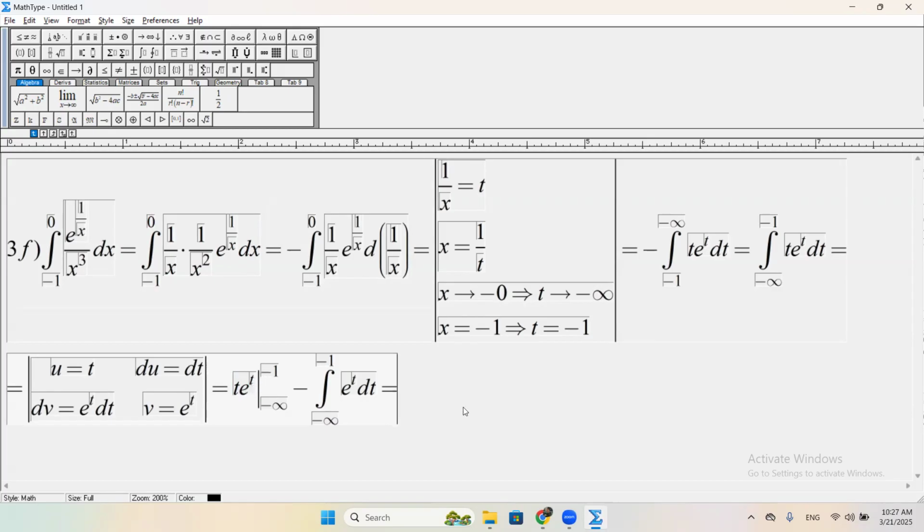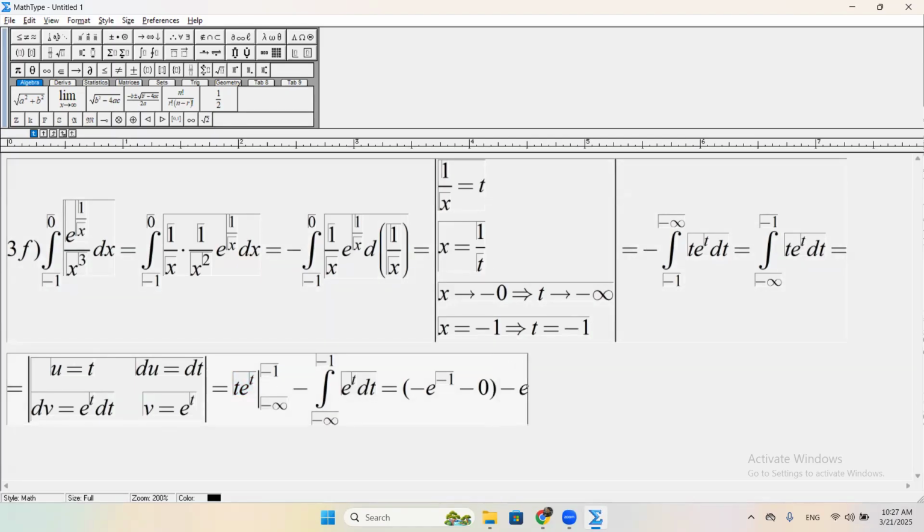So here, what do we have? Minus 1 times e in power of minus 1, and minus 0, because of e in power of minus infinity. If we calculate the limit when t approaches minus infinity, we will receive 0 here.